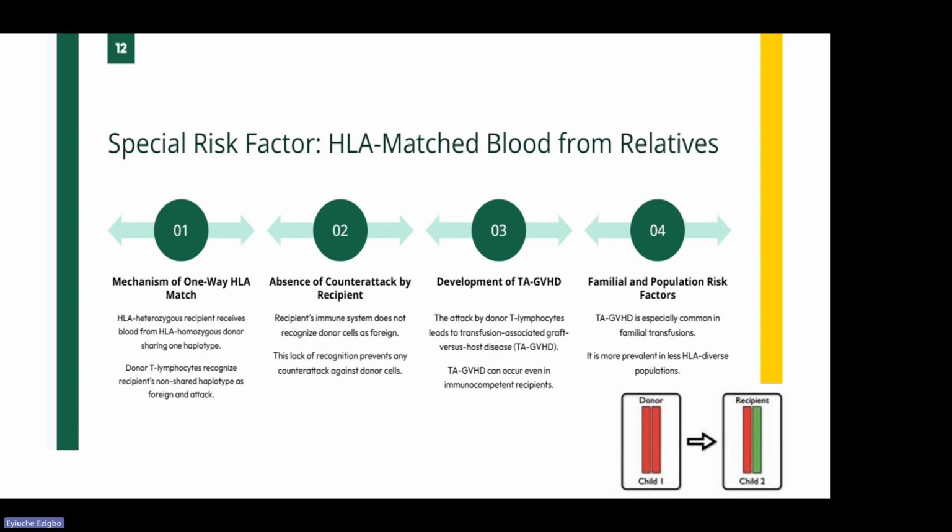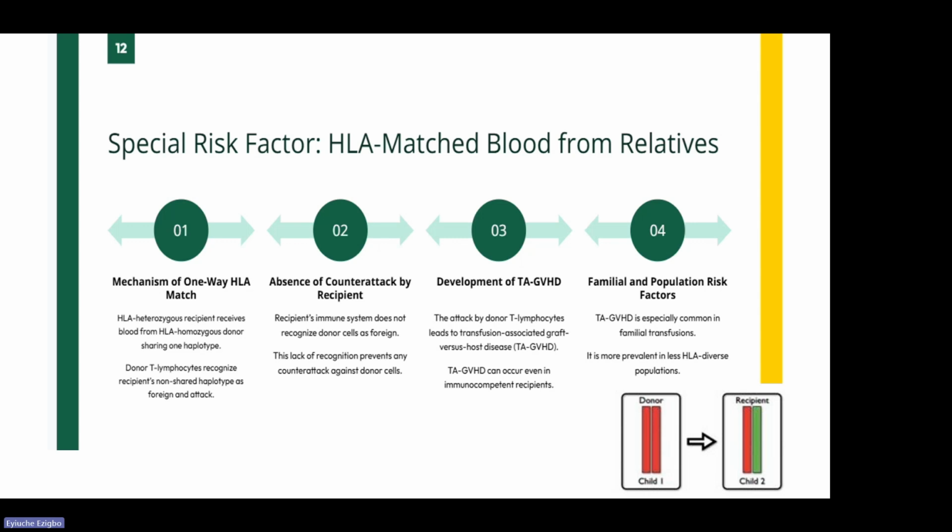Absence of counter-attack by recipients: the recipient immune system does not recognize the donor cell as foreign. This lack of recognition prevents any counter-attack against donor cells. So the attack of donor T lymphocytes leads to transfusion-associated graft versus host disease.